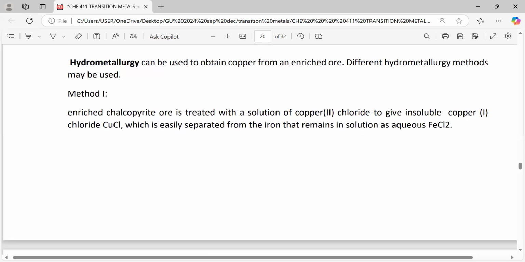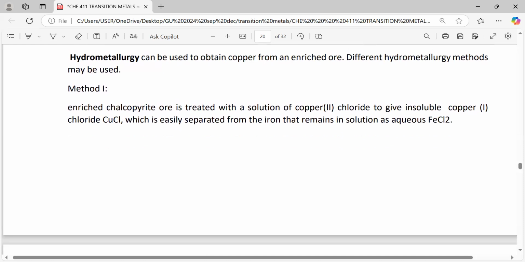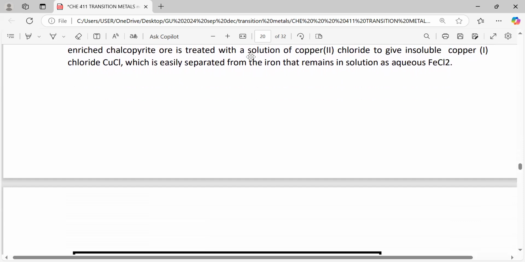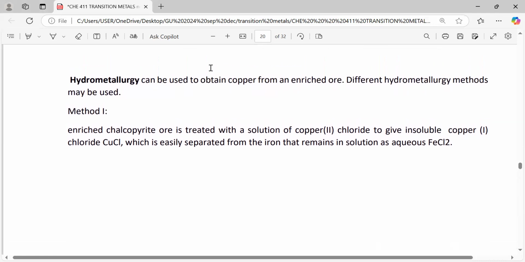Then you can do the hydrometallurgy, which has two possible processes to give you the products. So let us see method one.